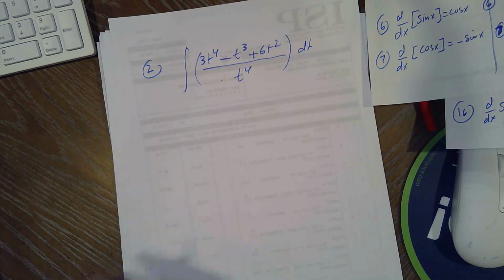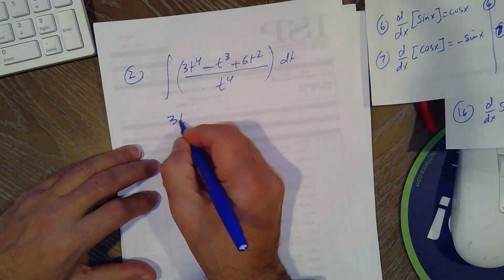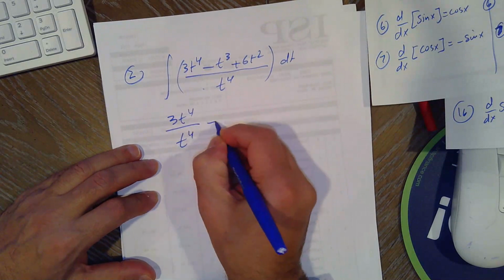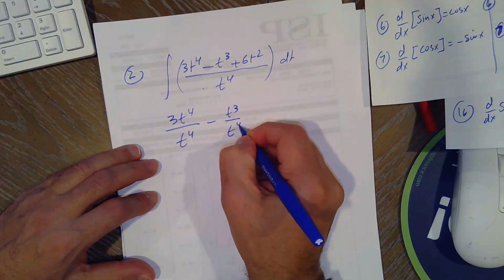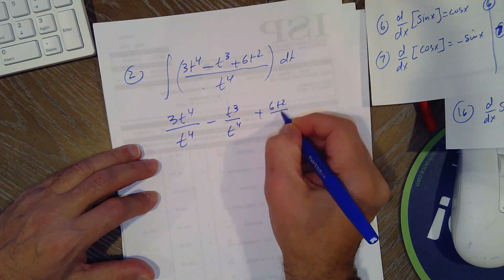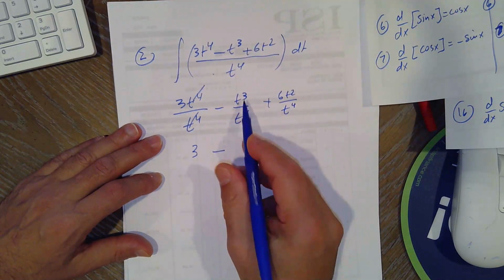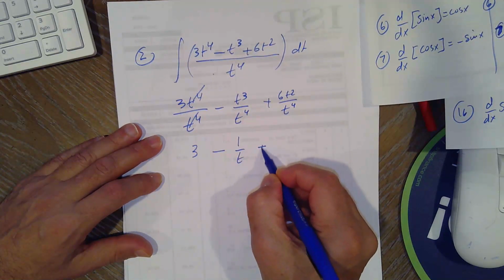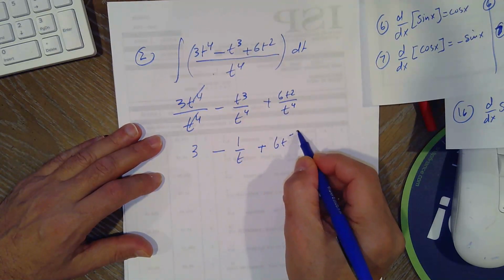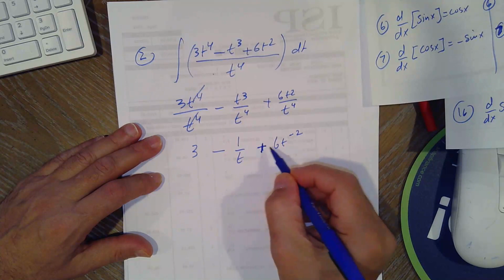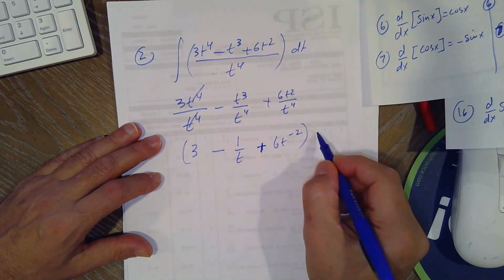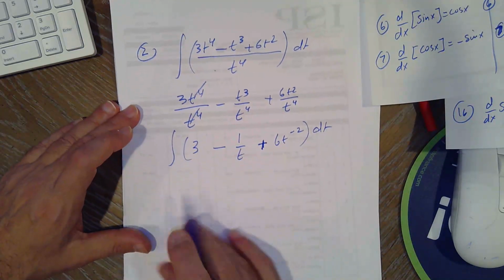We can do that by splitting it up. So do some algebra first. 3t to the 4 over t to the 4 minus t cubed over t to the 4 plus 6t squared over t to the 4, which is 3 minus 1 over t plus 6t to the negative 2. We always want to put the exponent on top, so we can do the power rule.